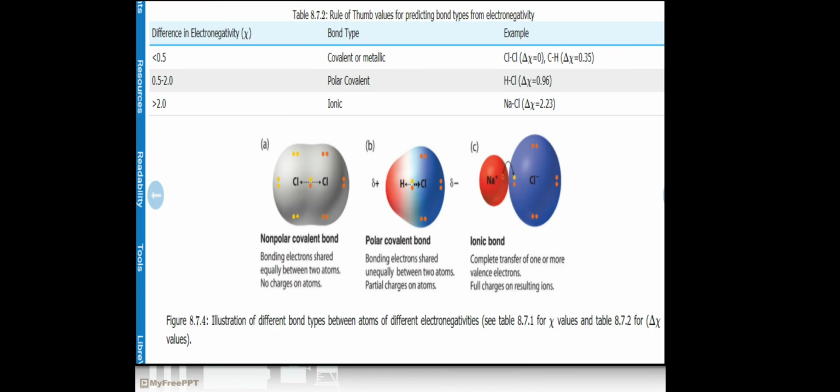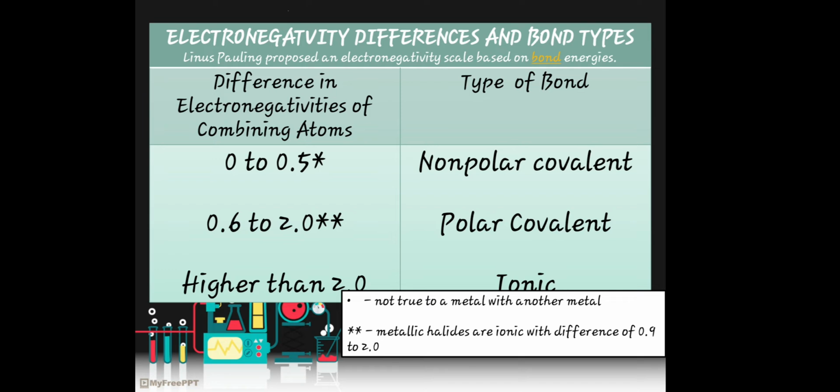Okay, so let's just move. This is actually a representation. Let's move on with the exact explanation of it. These are the electronegativity differences and bond types: differences in electronegativities of combining atoms and type of bonds.